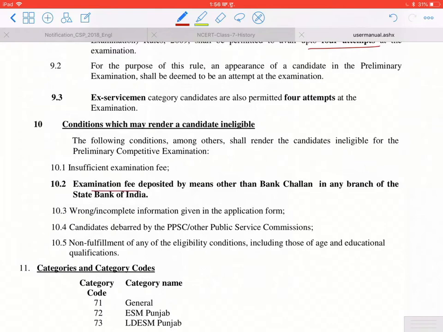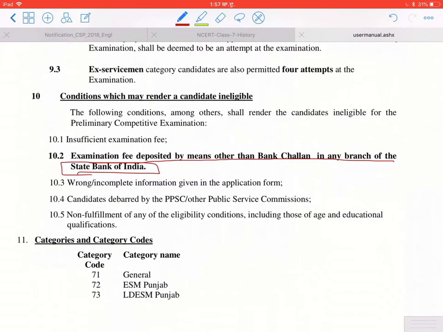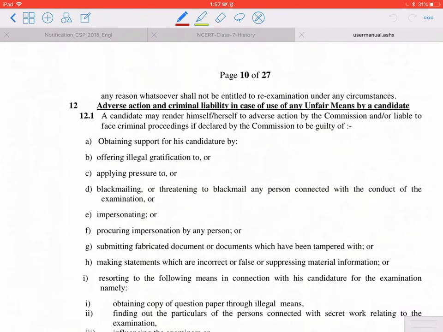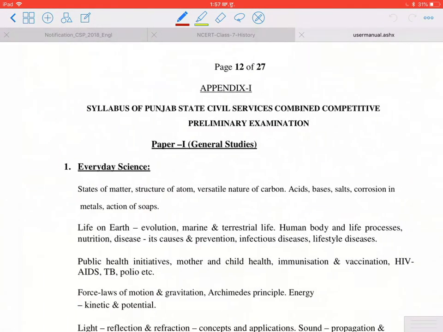Examination fees deposited by means other than the bank challan in any branch of the State Bank of India, again that is not acceptable. And then these are the category codes, and after that we'll directly move to the syllabus part.